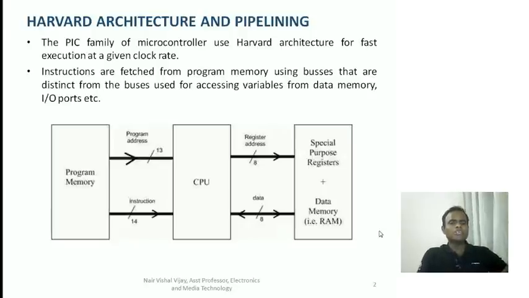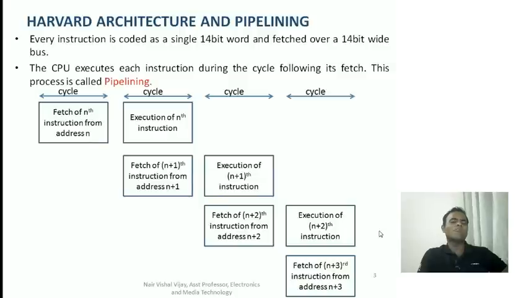Now, PIC microcontrollers also use the concept of pipelining in the fetching and executing of their instructions. Every instruction in a PIC microcontroller is 14-bit word wide. Each instruction, when it is being fetched, will also get executed.